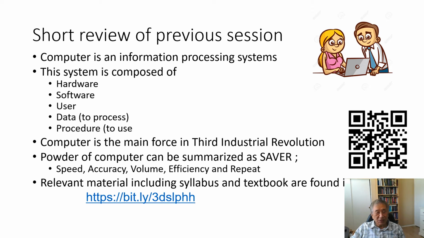Because we said it's a system, that means it's multiple components working together for a single purpose. This system is composed of hardware, software, and the users, and the data to process, and the procedure to use the computer. Also, one point we made last time is that the computer is the main force in the third industrial revolution.